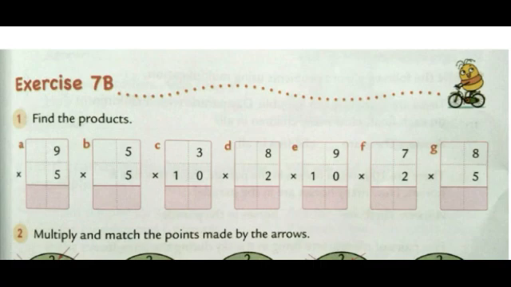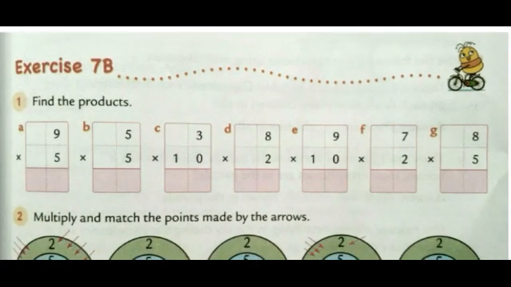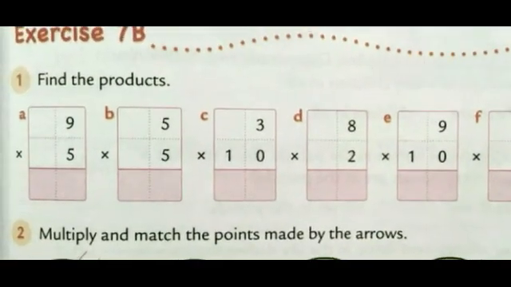And when you multiply a number by 0, the answer is always 0. So now let's start this exercise given here. First question is given: 9 into 5. Simply, we need to say the table of 9, 5 times, or you can say the table of 5, 9 times.